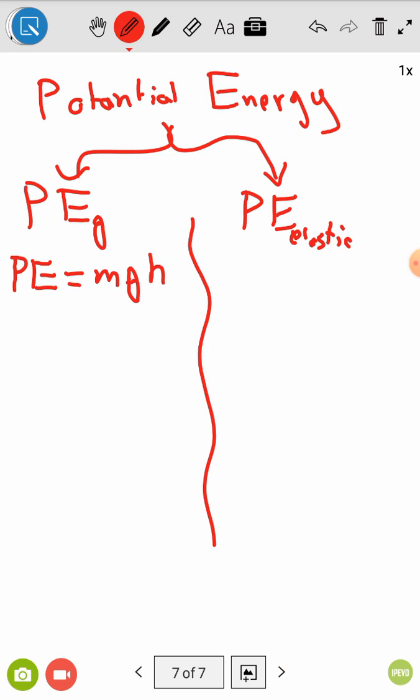So there are three factors that affect the gravitational potential energy: the object's mass, the acceleration due to Earth's gravity, and the height of the object. As the height increases, the gravitational potential energy increases. And the unit of gravitational potential energy is the joule also.